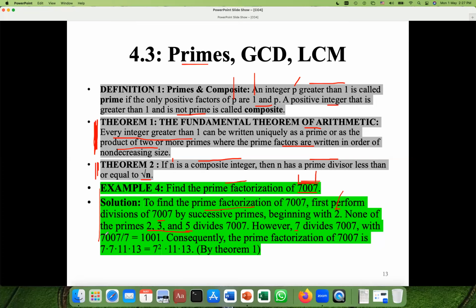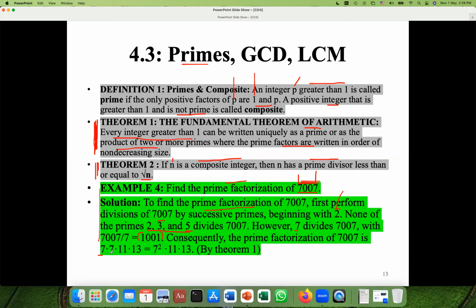So keep this. 7007 divided by 7, this is the quotient, 1001. This is the result. Now keep only one 7 in your record, and try that quotient again with 7. When you divide it, 7 times 1, 3 will go forward, 28, 2 will go forward, 21, and with 7 it is divisible.